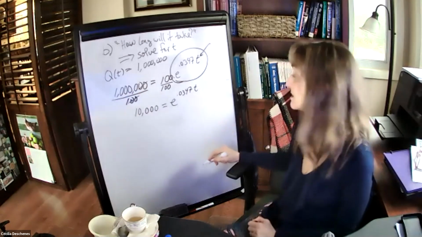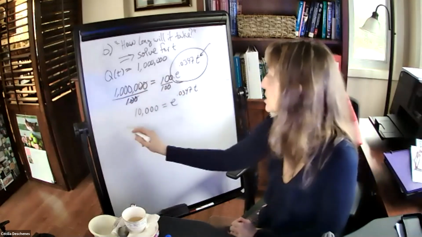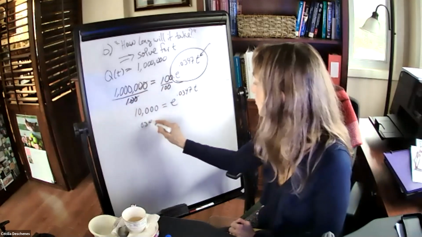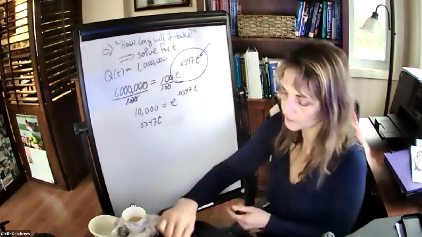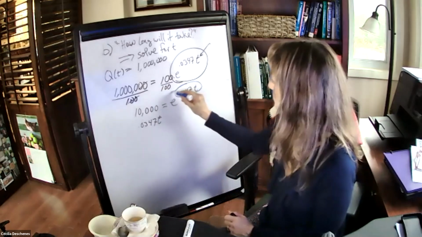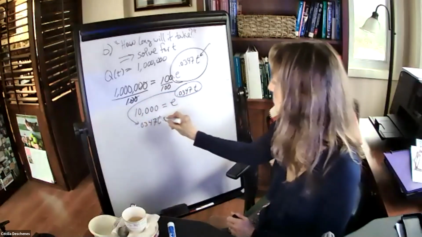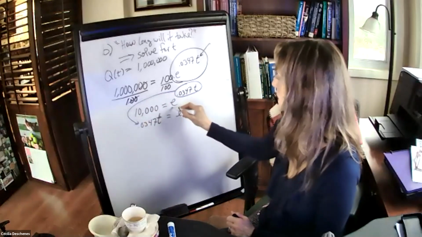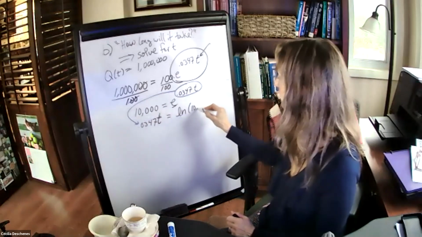All right, now I'm going to do the same thing I did in the last problem. At this point, it's really repeating the same steps. We're just going to convert to the log. So the exponent, 0.0347 t, okay, so that's my exponent, is going to equal the log base e, which is natural log, of the value, 10,000.